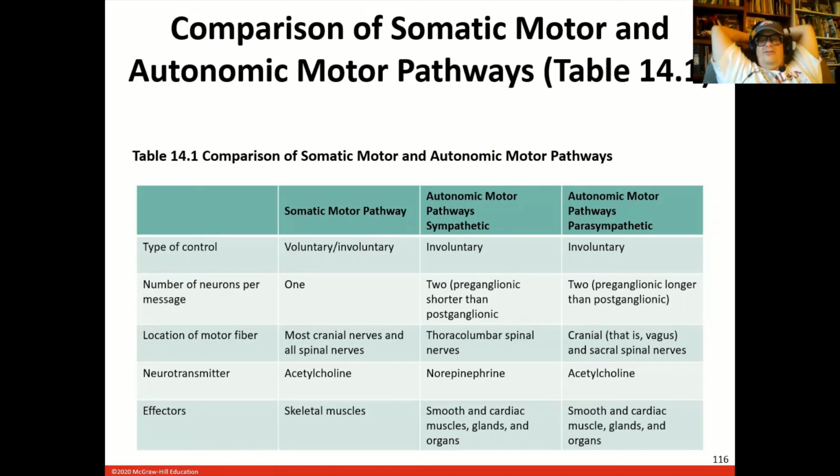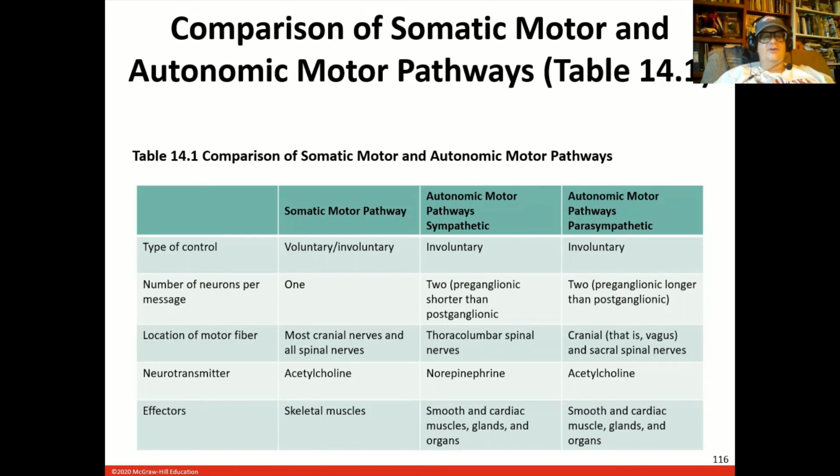If it's parasympathetic, it'll either be up in the brain or down low in the pelvis. Okay, it could be sacral spinal nerves.